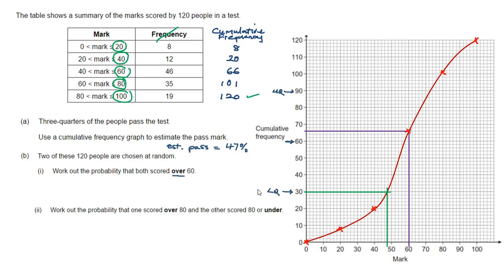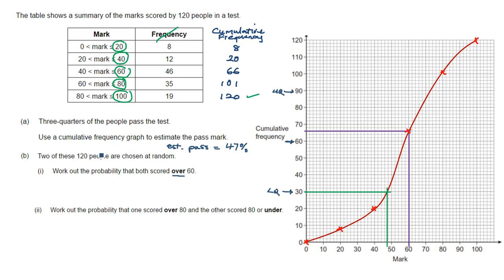So we've got, let's write that down, we've got 66 people, but it's over. So in fact it's 120 minus 66, because we're looking at this area here. So it's 120 minus 66, or we could just count down 10, 20, 30, 40, 54.